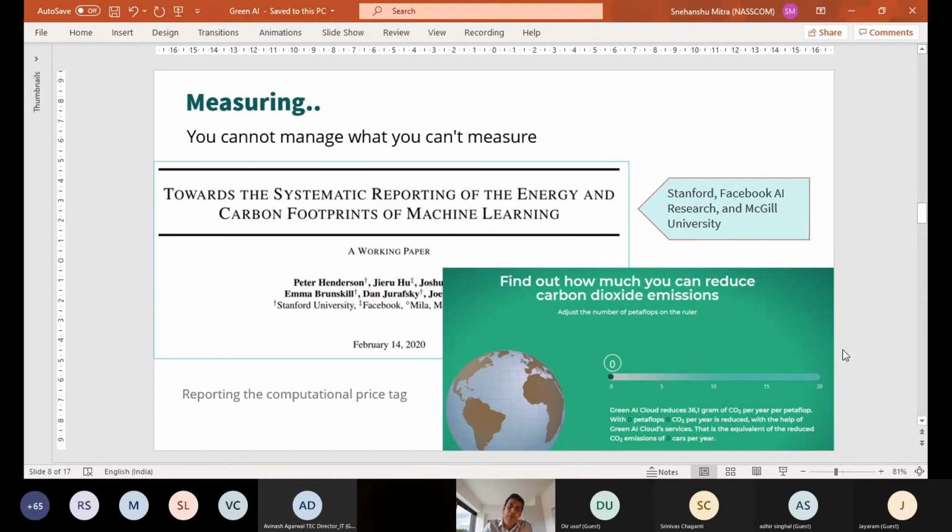And again, there are an increasing number of tools being offered to try and gauge whether your AI solutions today are carbon compliant, how much incremental energy they are making use of, and so on. The whole idea is to report that computational price tag, which is very, very important in today's world.